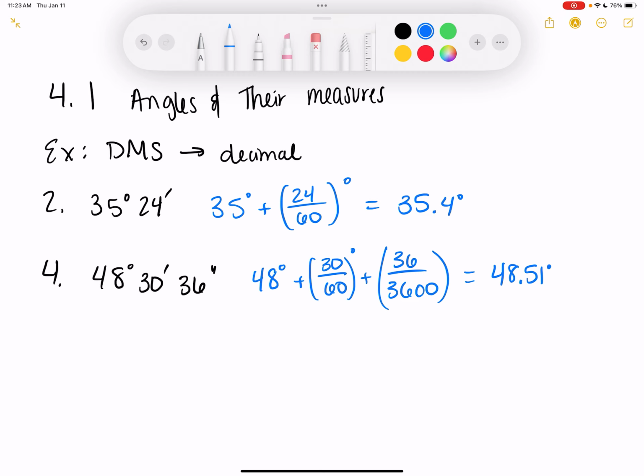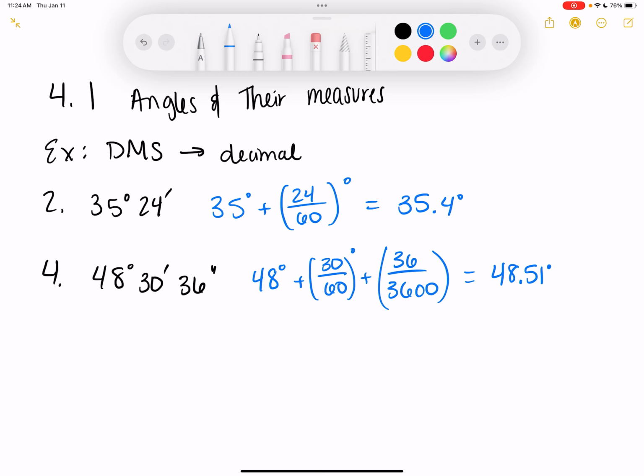The minutes will always be divided by 60. Because there's 60 seconds in a minute, and there's 60 minutes in a degree, is what the official conversion is. It's just easier to think about it in terms of time. So whatever they give you here goes on top, and then the bottom is that conversion rate, just like we would normally do with time.